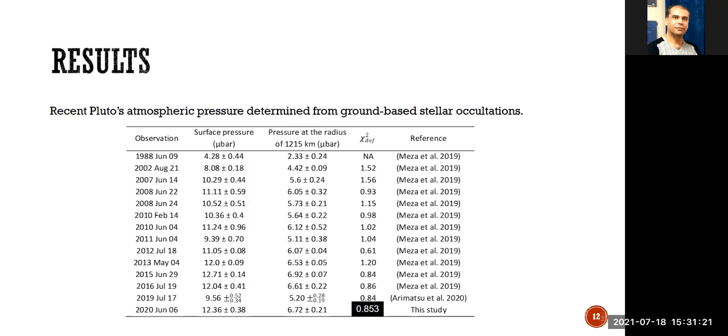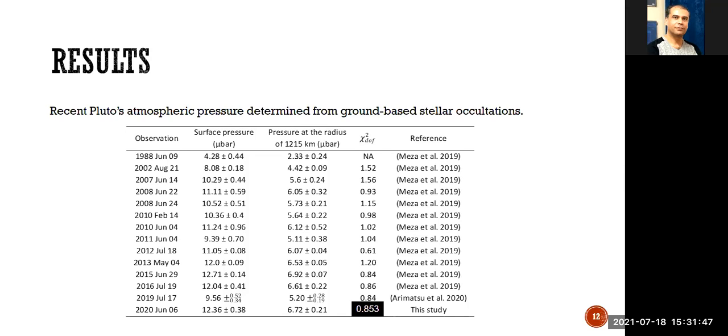Okay. The best fitting parameters which were achieved from our ray tracing code are listed in the table. You can see them compared with other Pluto atmospheric pressure values from 1988 to 2016, which were obtained based on the same fitting model.